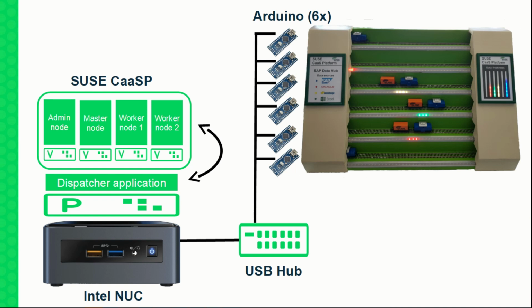Then on the physical box there's one small application which we wrote, which we call the dispatcher application, and we will go into the details later on. This box is connected to the showcase via a USB hub. And then there are 6 Arduinos. The reason there are 6 Arduinos is that each Arduino controls one line, one lateral LED stripe, and the sensors, which we will talk about again later on.